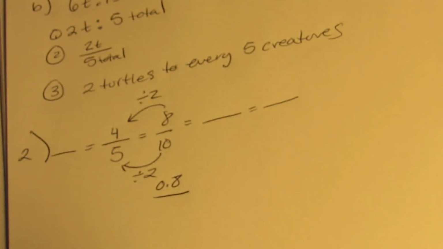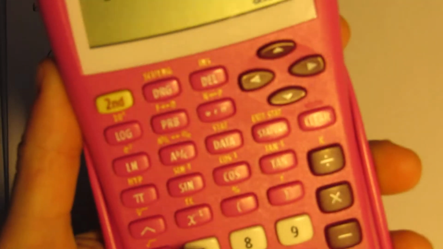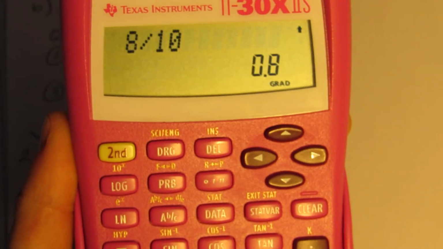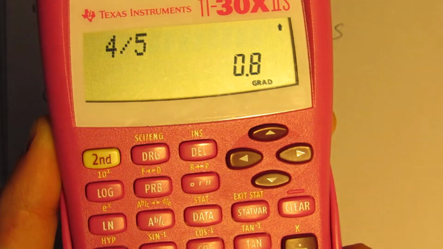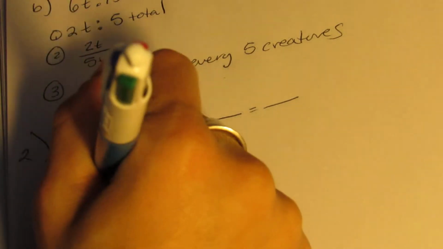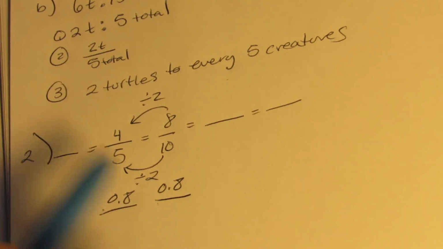That 0.8 means that's what this fraction should be as well. So if I divide 4 over 5, 4 divided by 5, I get 0.8 as well. That means we did that one correctly. That is equivalent because 0.8 is equal to 0.8.